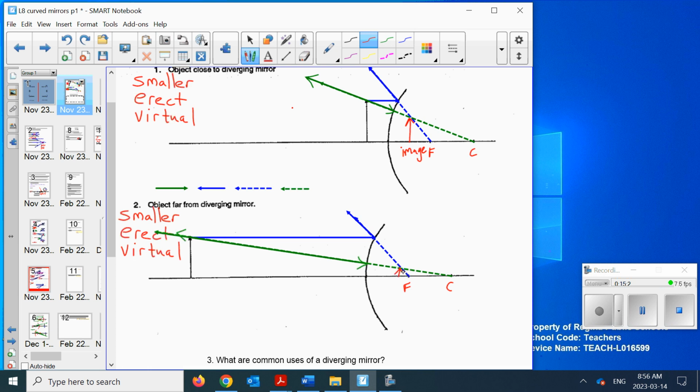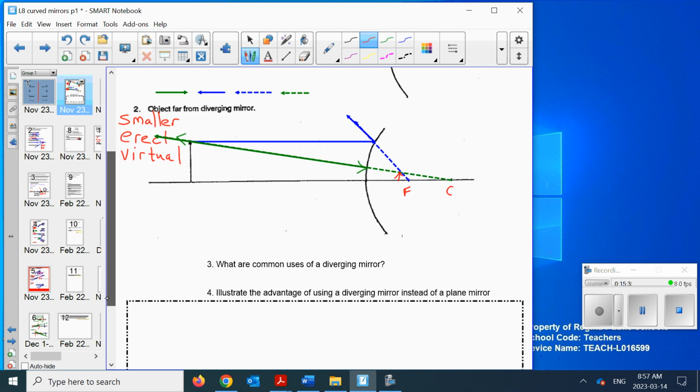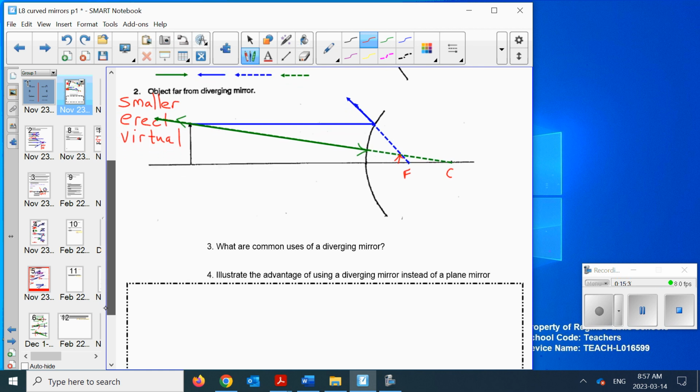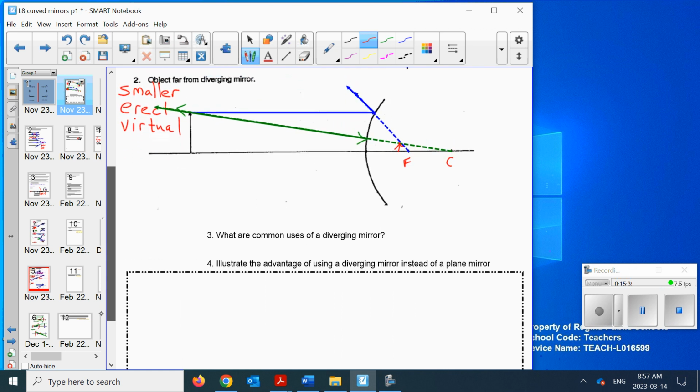So diverging mirrors, there's really no variations. It's just even smaller. So then you have a space. Common uses of a diverging mirror.